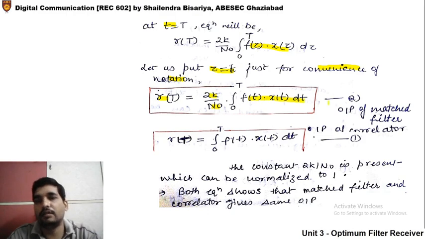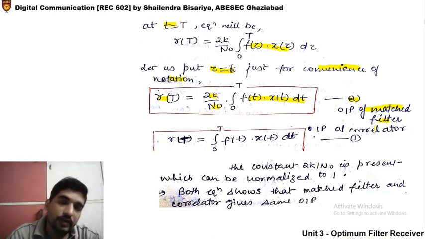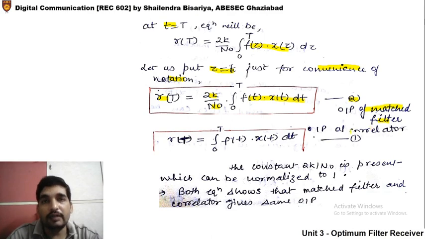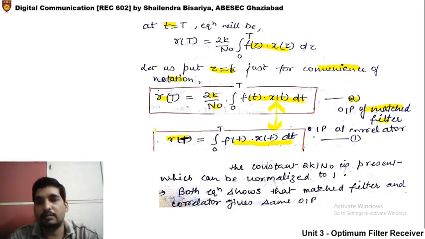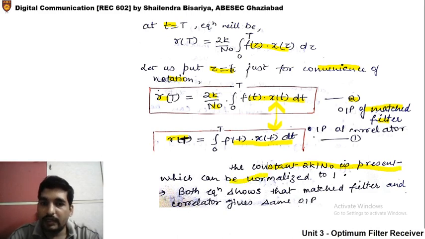This is the equation for the output of the matched filter. And what was the output for the correlator receiver? r(T) equals the integral of f(t) x(t) dt. Comparing these two equations, they are the same, assuming the constant 2k by n0 is normalized to 1.